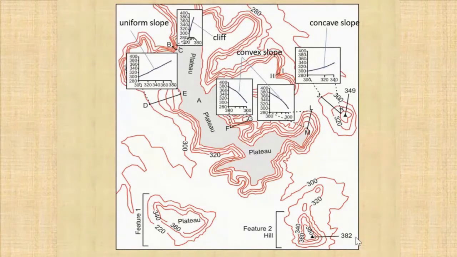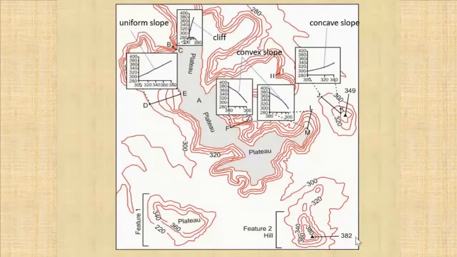In the profile along B to C, there is a cliff. Similarly, the points D and E, after plotting their values along the x-axis and y-axis, we can see that there is a uniform slope, because here the contours are regularly spaced and indicating a uniform slope.